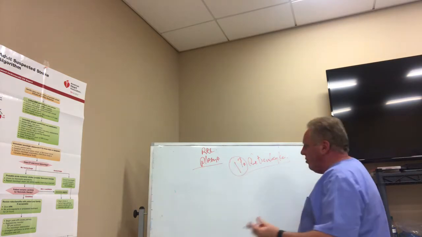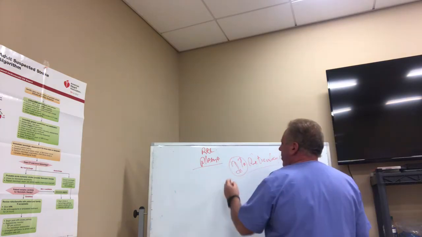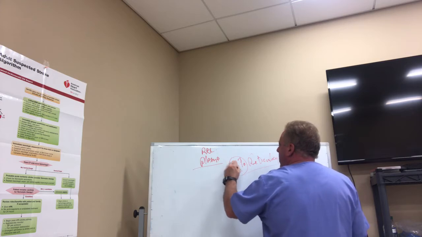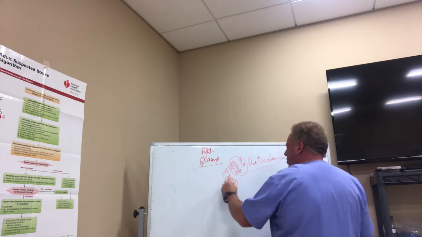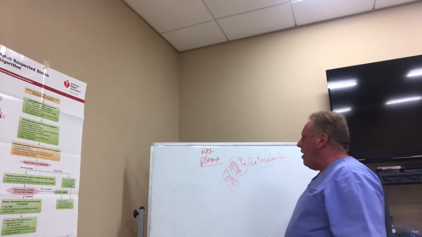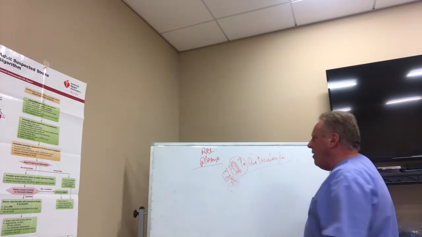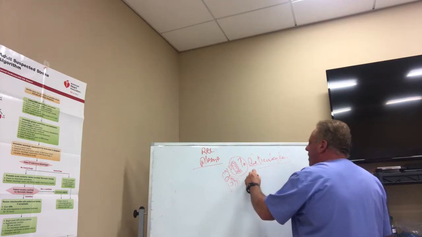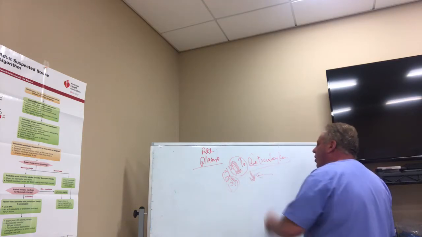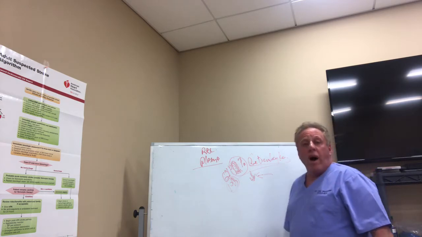If you're anemic, it goes to 2%. If you're severely anemic, it will go to 4%. If you're chronically anemic, it will go to 6 and 10% because you need to make the red blood cells. If you are anemic and your reticulocyte count is low, that means that we have to go find out why.